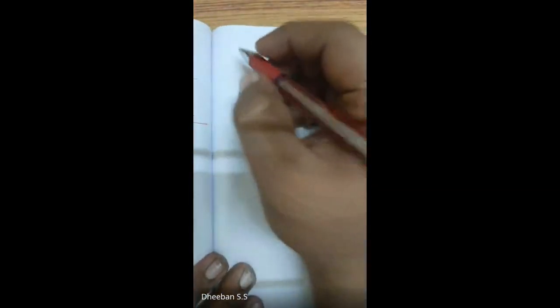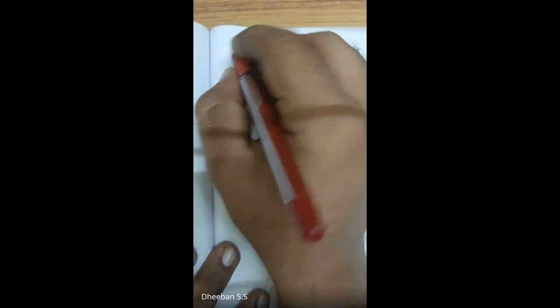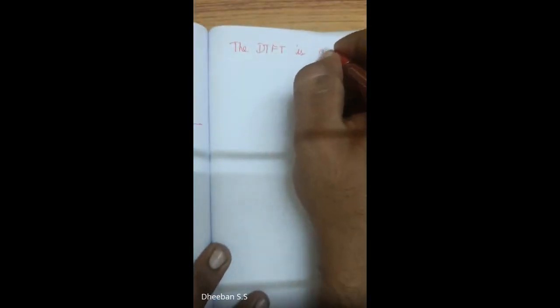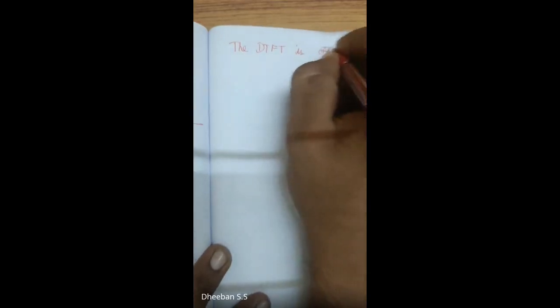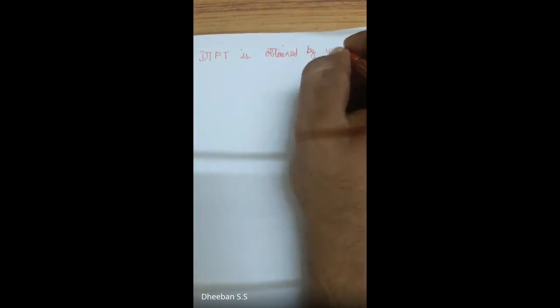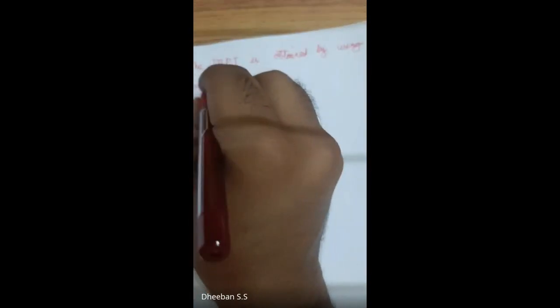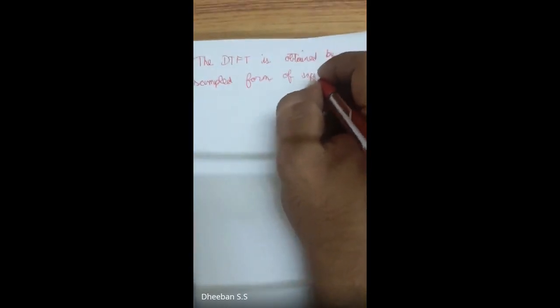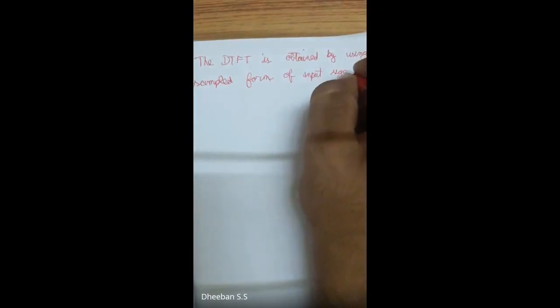Another thing you have to see is how the DTFT is obtained: by using the sampled form of the input signal.